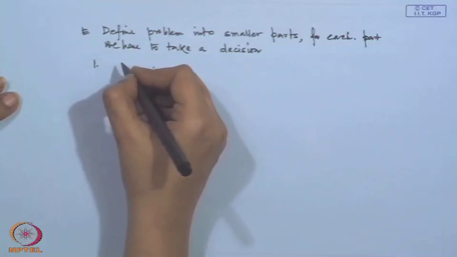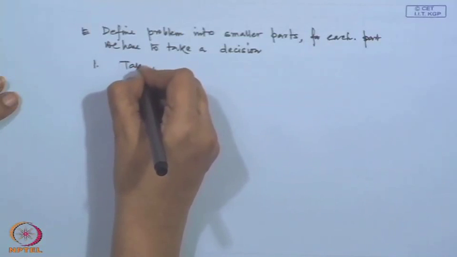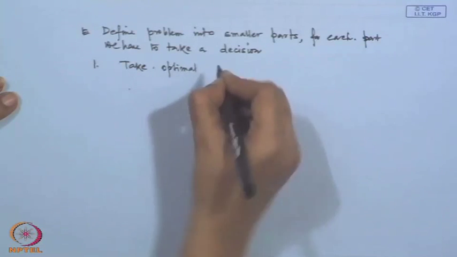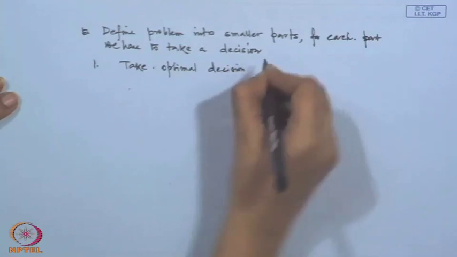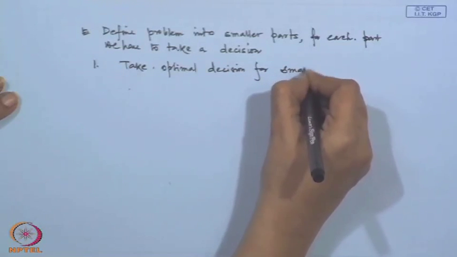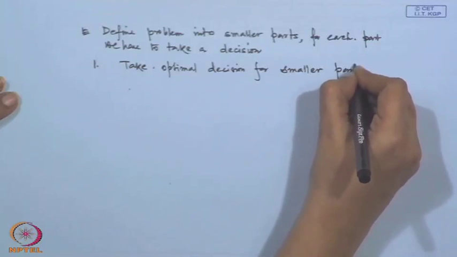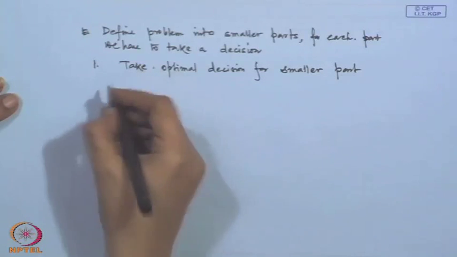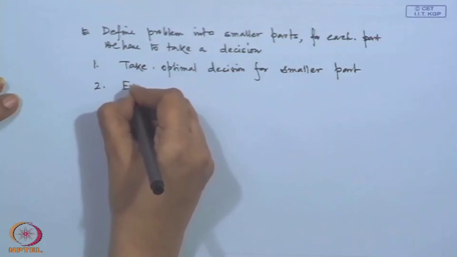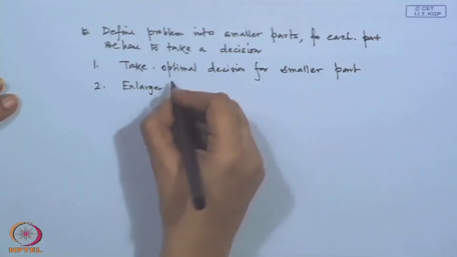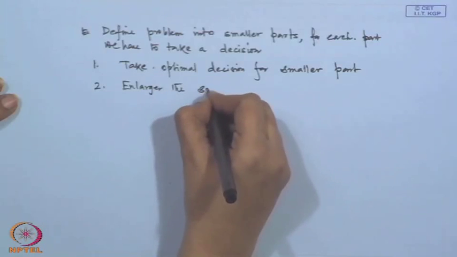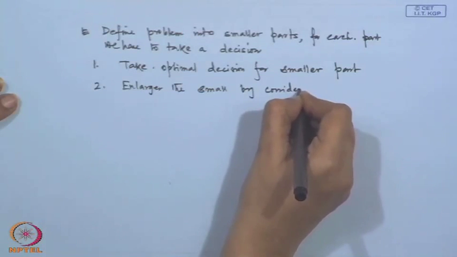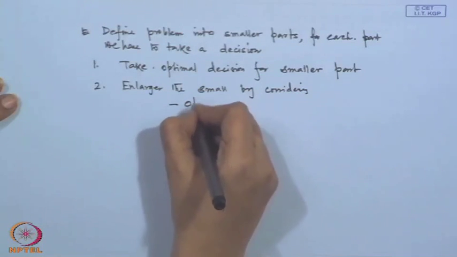Now, we take a small part of it and find the optimal solution for that small part. Since we have considered a subset of the whole problem and taken the optimal decision for the smaller part, we then have to enlarge the small problem by considering the optimal solution of the previous problem.